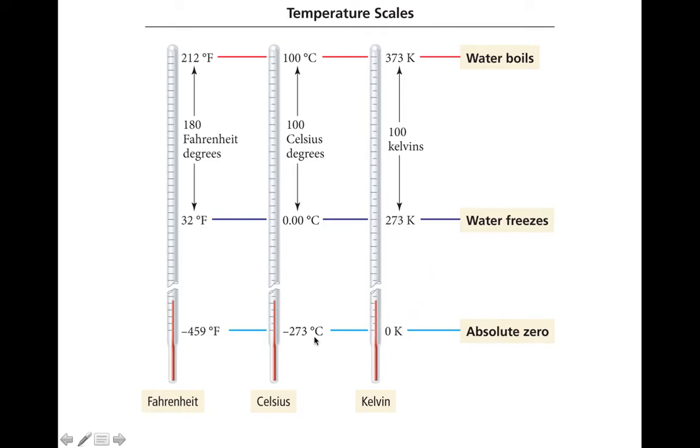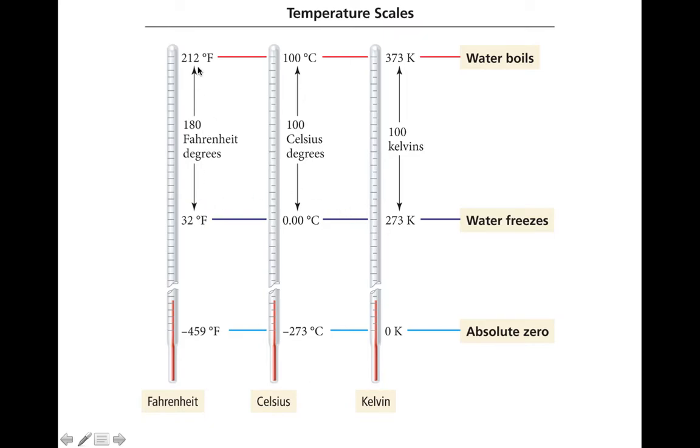It's 273. How many kelvins between 0 and minus 273 for Celsius? It's also 273, right? How many degrees between boiling and freezing of water? 100 kelvins. How many degrees between boiling and freezing of water? Here, also 100, right? So both of these are pretty similar. It's just they're off by an absolute number of 273.